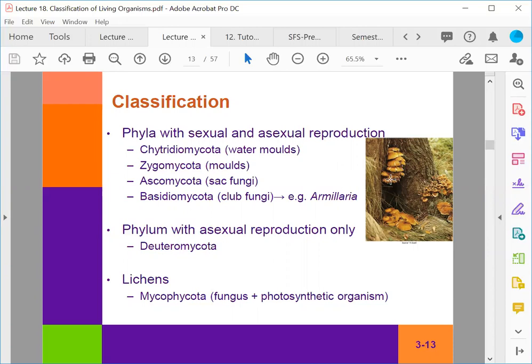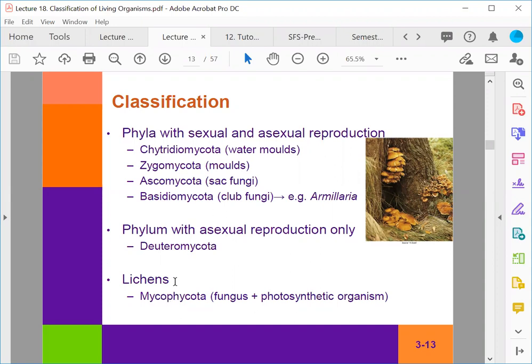And of course, what we're seeing here are just the fruiting bodies, the reproductive bodies. Most of the fungus is actually found within the tree itself and consists of those filamentous hyphae that we mentioned earlier. All right, a phylum that has only been observed to use asexual reproduction, Deuteromycota, and then of course, phylum Mycophycota.